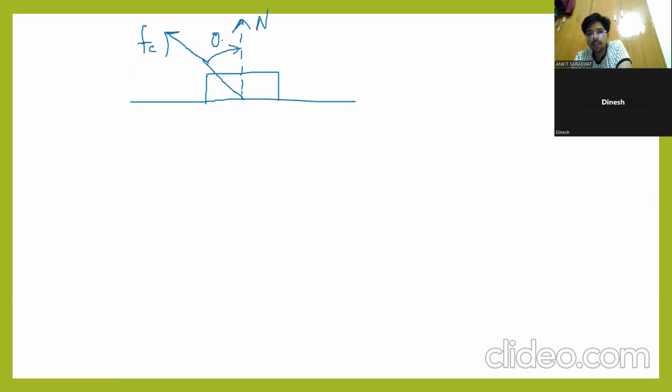If this is theta, then it is FC cos theta, and this other component is friction. You can say it is FC sin theta, but we never write FC sin theta; we write directly friction. So friction is not a new force, it is a component of FC.